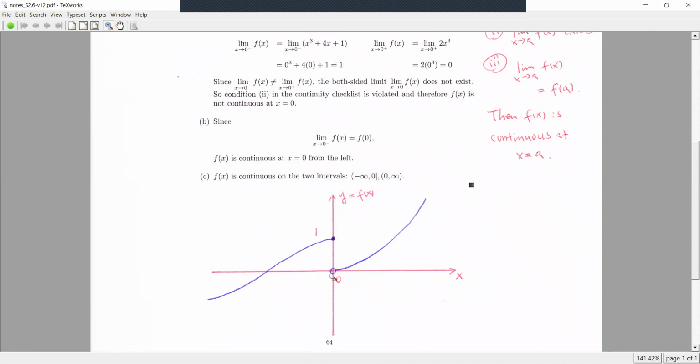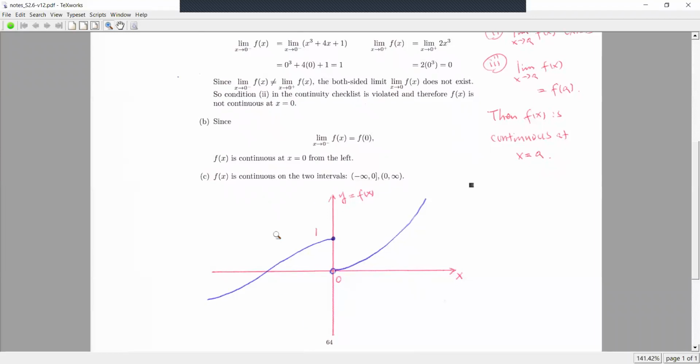So on the left side of the point 0, the graph approaches this point. The height of this point is 1. When x approaches 0 from the right, the function approaches 0. On the right of the point 0, the graph approaches this point. The height of this point is 0.